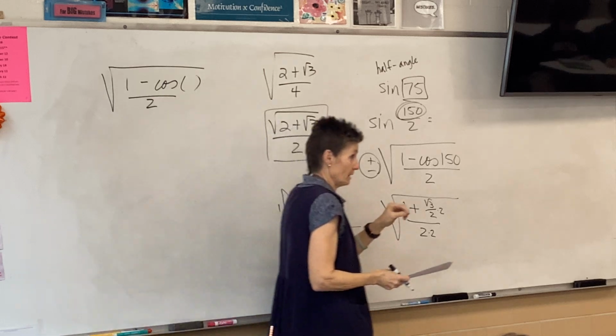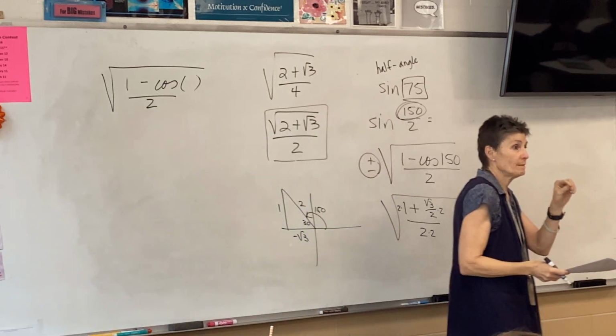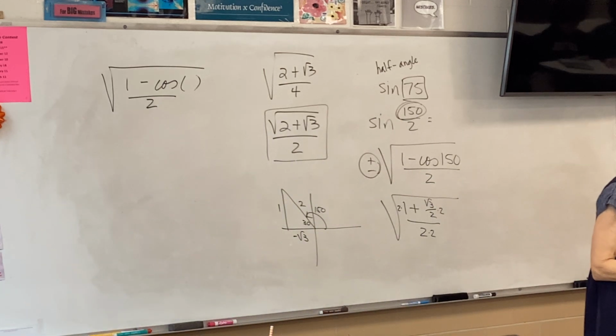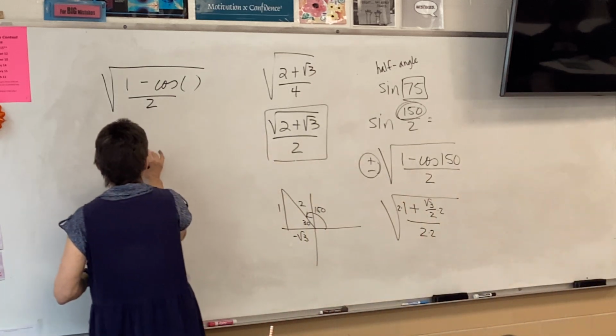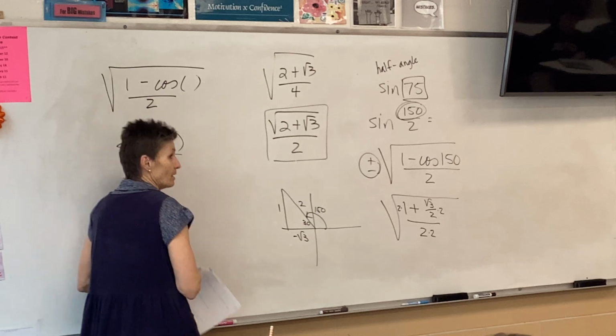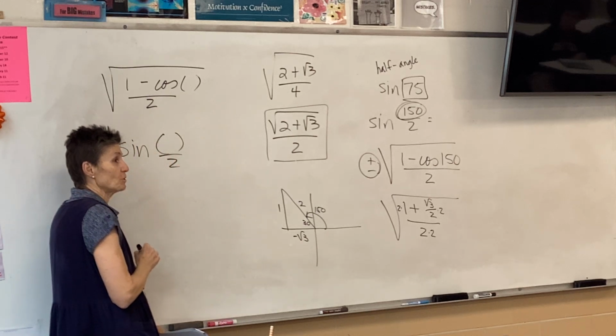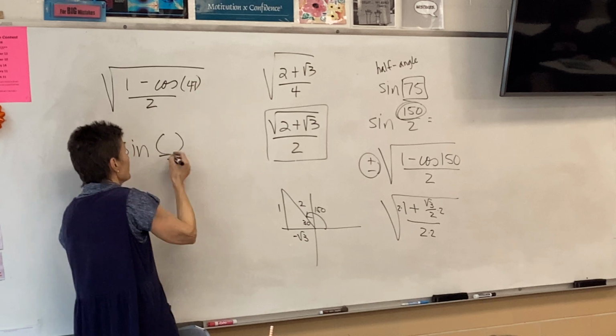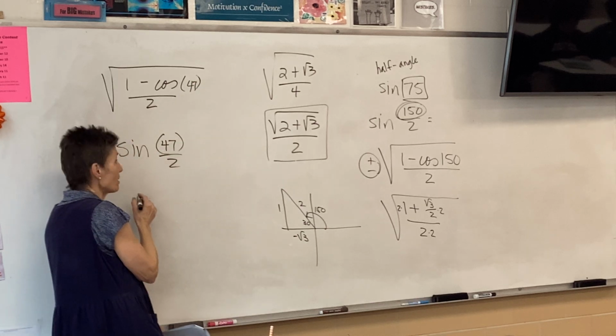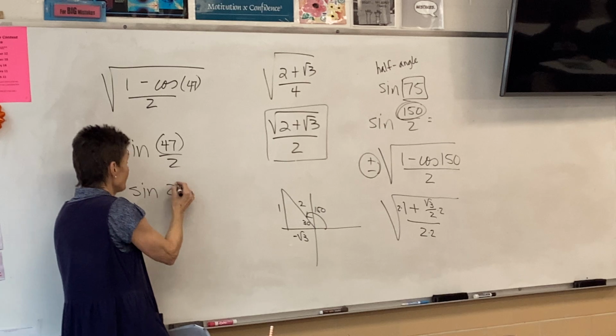What formula is 1 minus cosine over 2? This is your formula for the sine of theta over 2. What's your theta? Oh, 47. So what's this a formula for? The sine of 23.5?